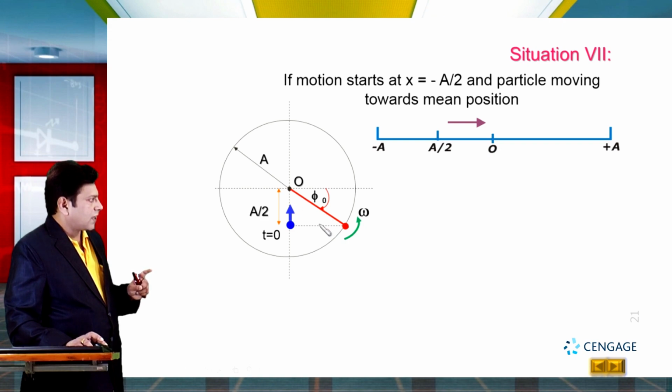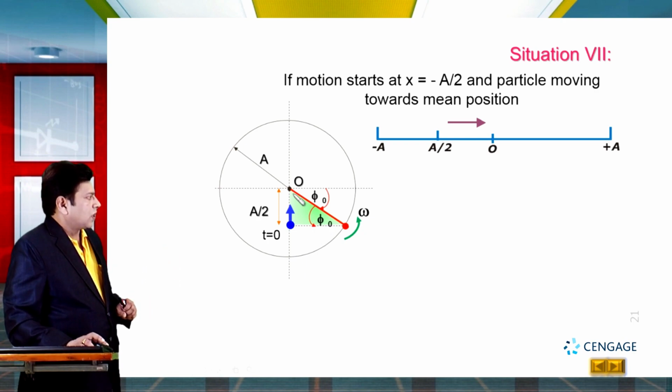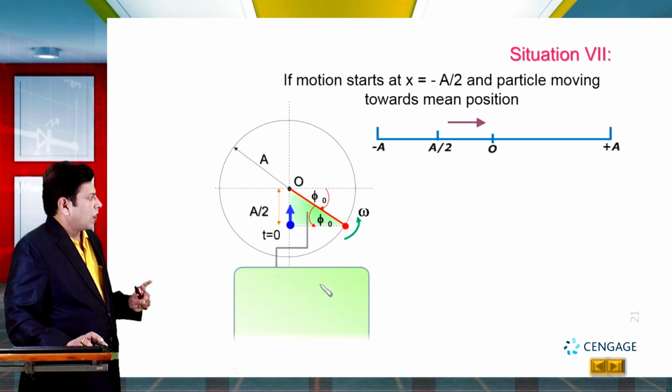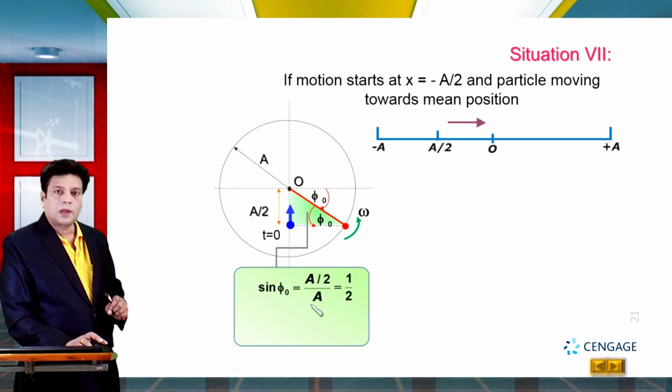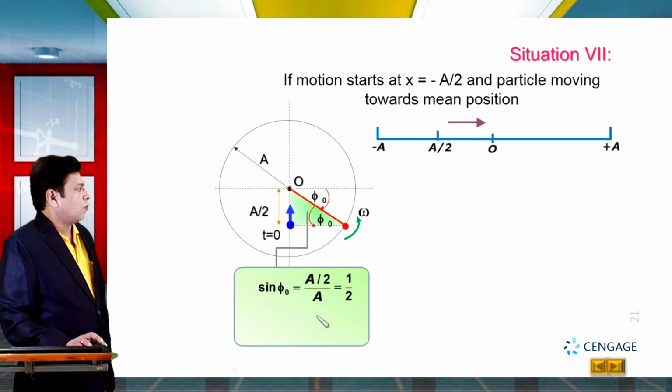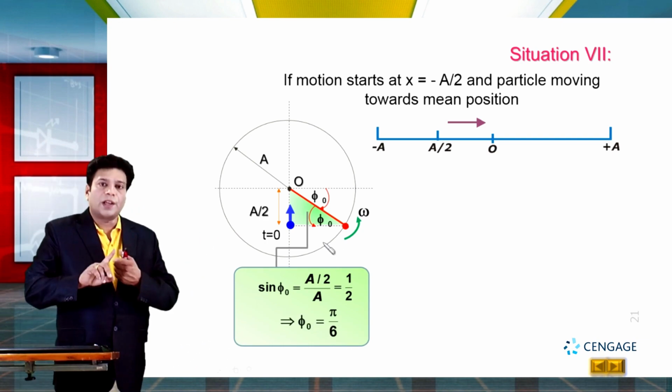You can observe this is the right angle triangle and this angle is phi naught. Now we can calculate the magnitude of this phi naught. You know this is a by 2, this is a, so sine phi naught equal to a by 2 divided by a, that equals 1 by 2. That means phi naught equal to pi by 6. This is the magnitude of this angle. It is not the initial phase.